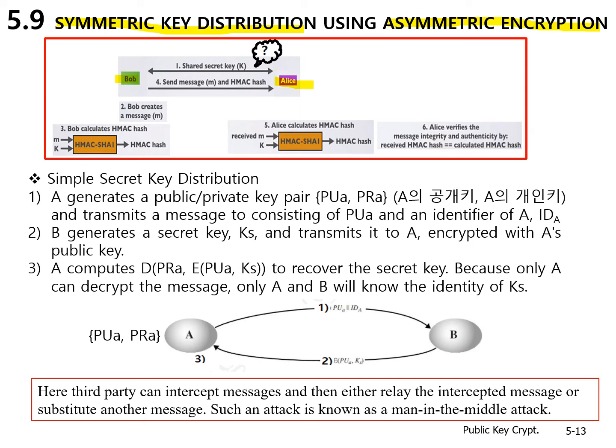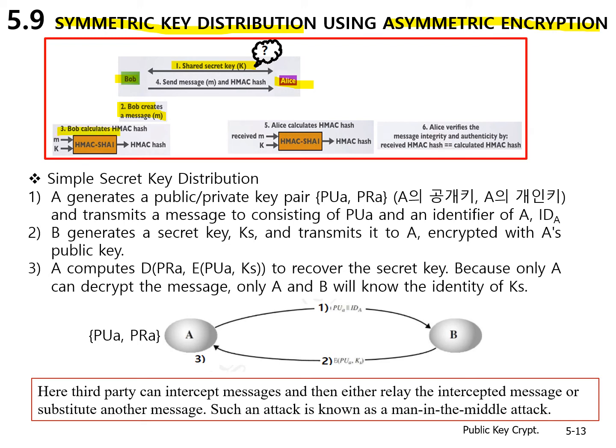First, they collaborate to share a secret key K. And then Bob creates a message M.